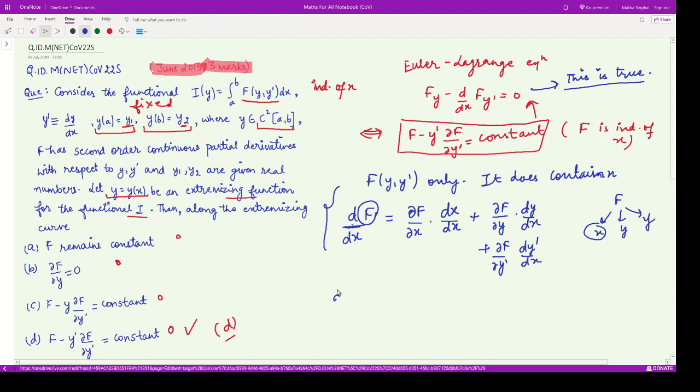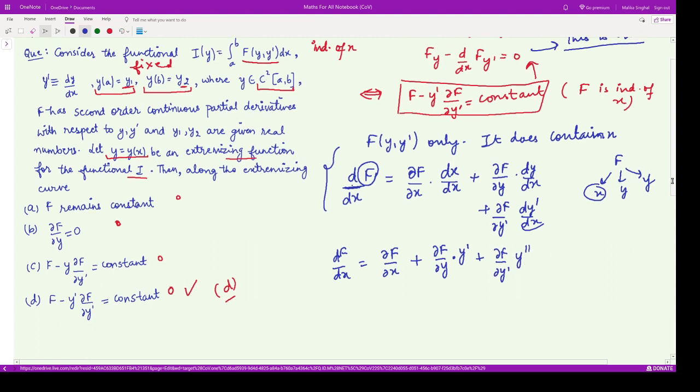So we have df by dx equal to del f by del x, plus del f by del y into y dash, plus del f by del y dash into y double dash.